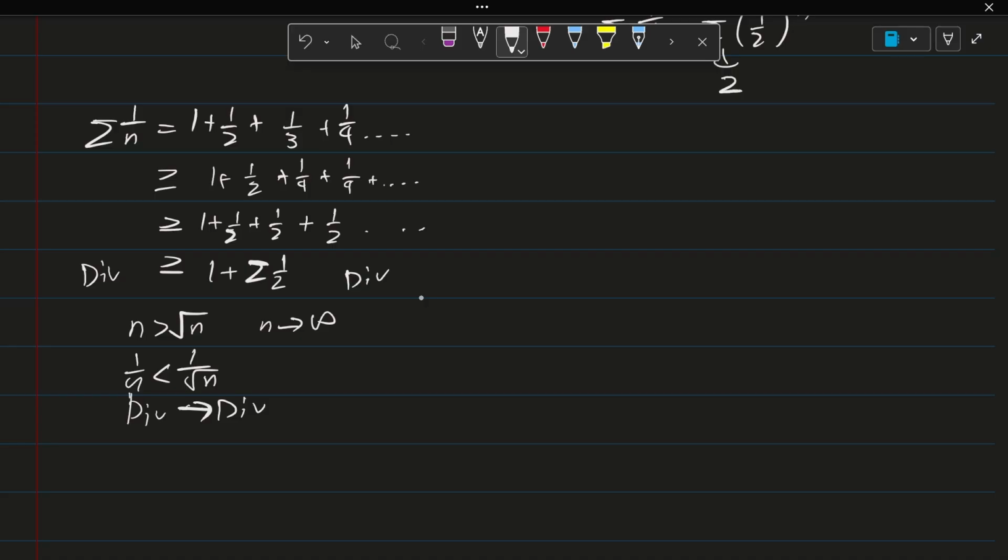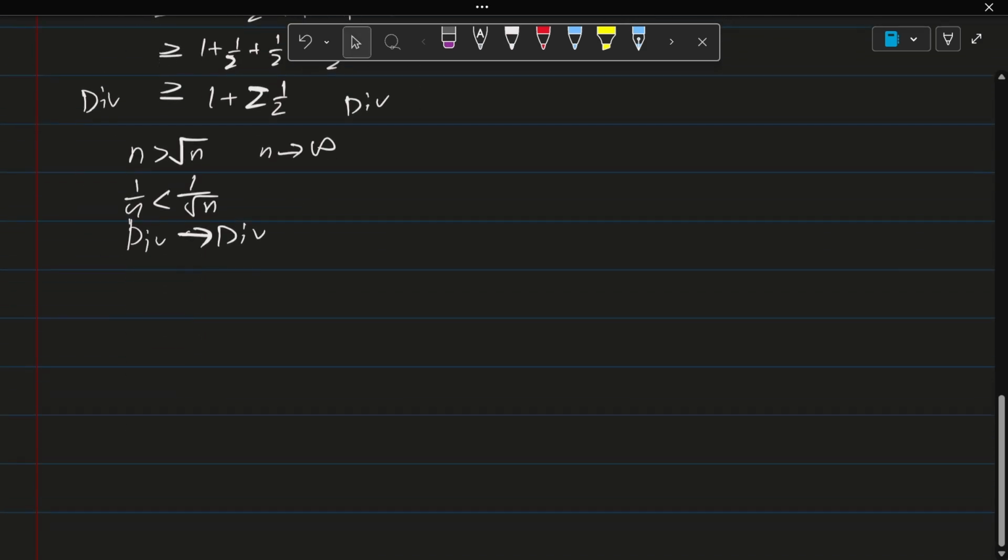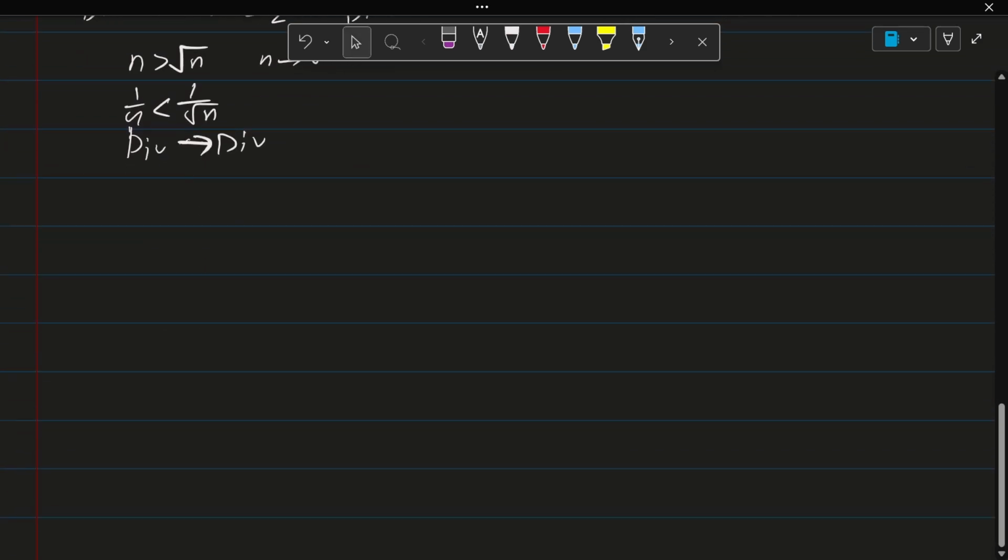So that's a type of test, but it doesn't have a very good step for you to figure out if something is convergent or divergent. So that's why I will propose the ratio test.